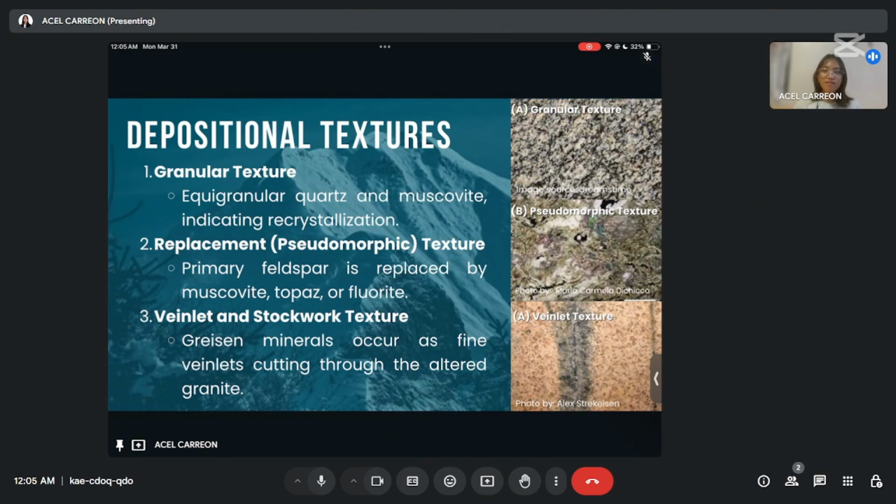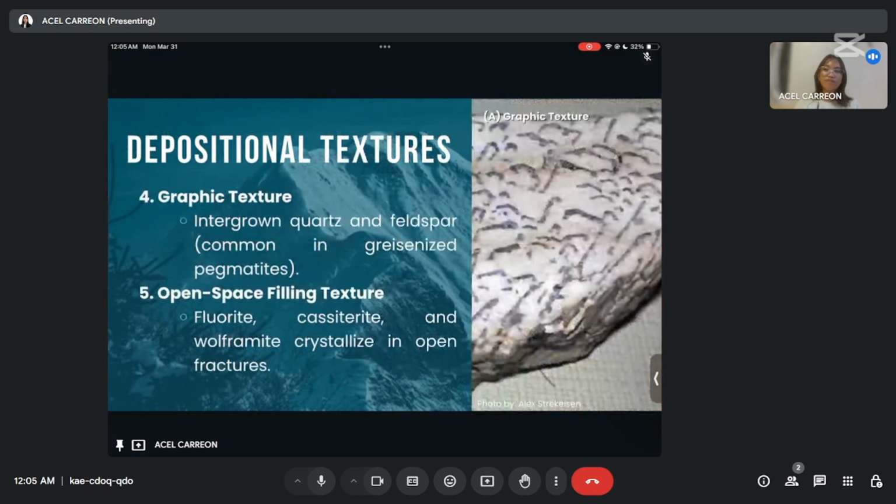We also have the veinlet and stockwork texture, where greisen minerals occurs as fine veinlets cutting through the altered granite. Aside from these three, we also have the graphic texture, which is characterized by the intergrowth of quartz and feldspar, forming a distinctive pattern similar to cuneiform or other writing patterns.